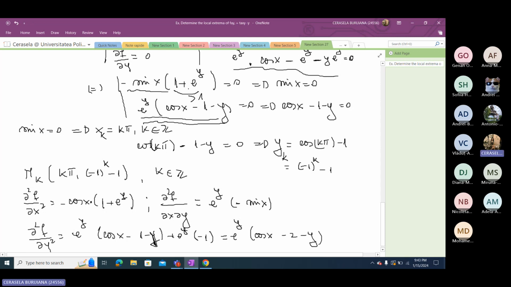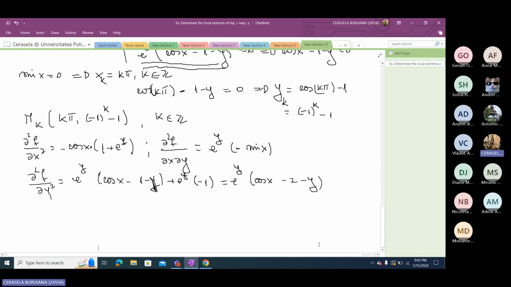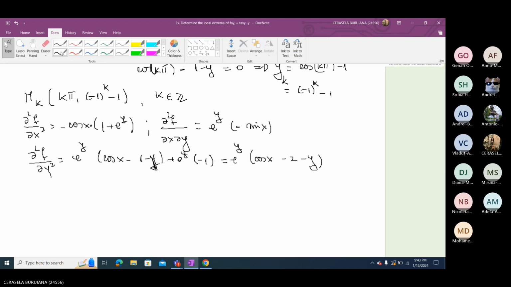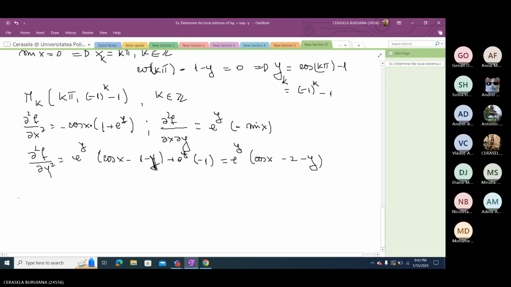Yeah, and that's it. And now is the moment to write the Hessian. It's minus cosinus of x times 1 plus e power y. Here I have e power y times minus sinus of x.